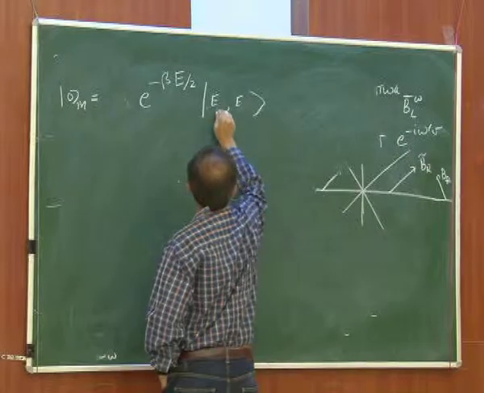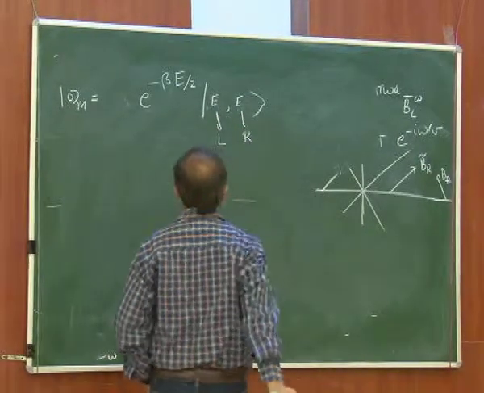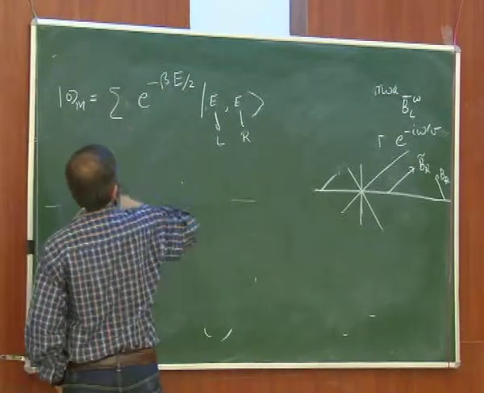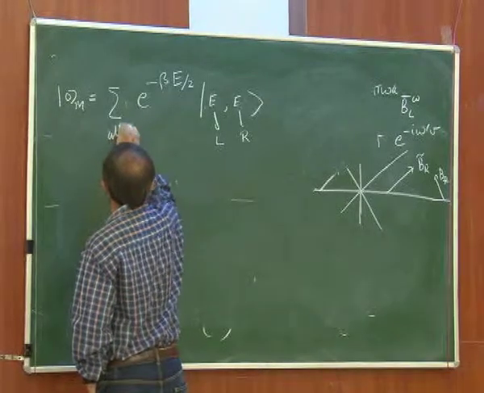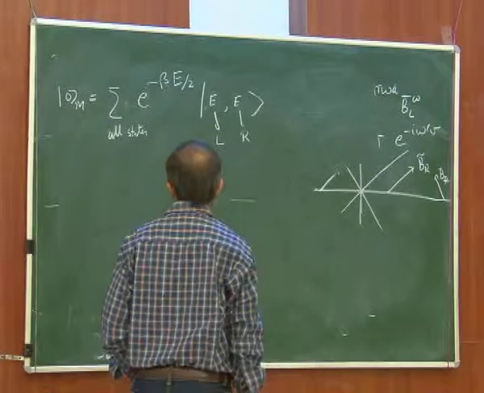E and E. This corresponds to the left oscillators and this corresponds to the right oscillators, and so this is a sum over all states.